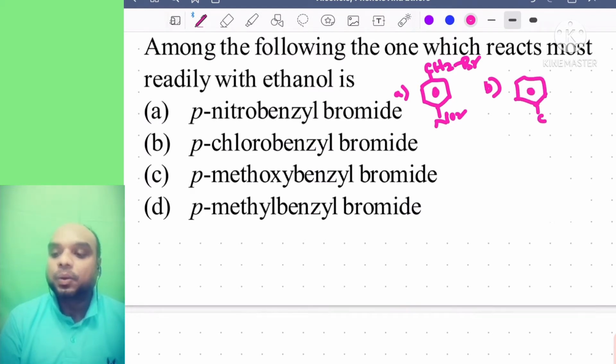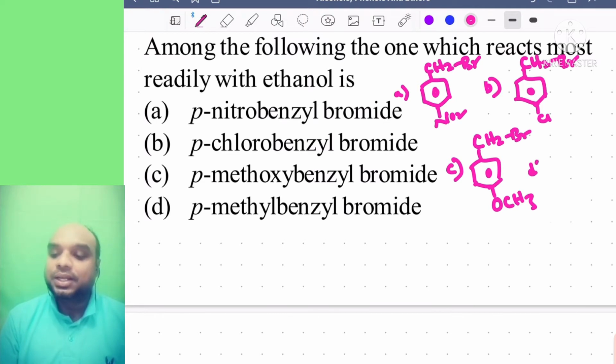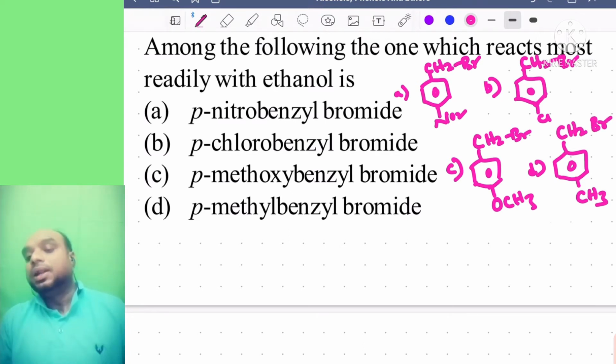B is para-chlorobenzyl bromide. C is para-methoxybenzyl bromide. D is para-methylbenzyl bromide. Like that, four compounds are there: A, B, C, D.